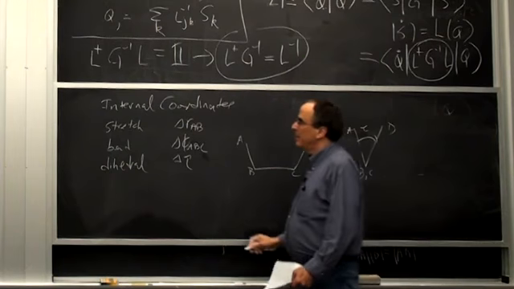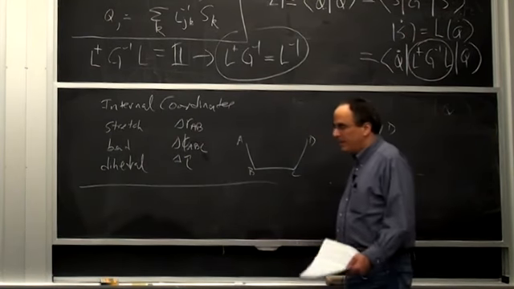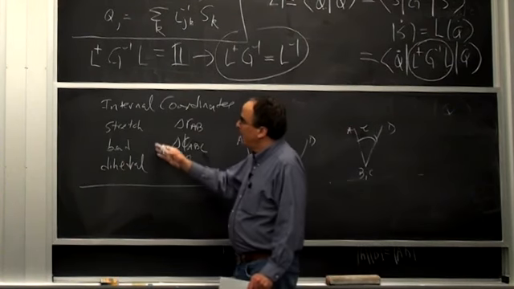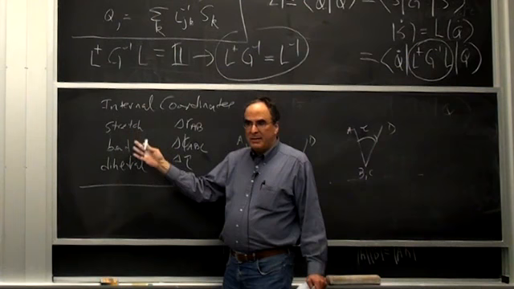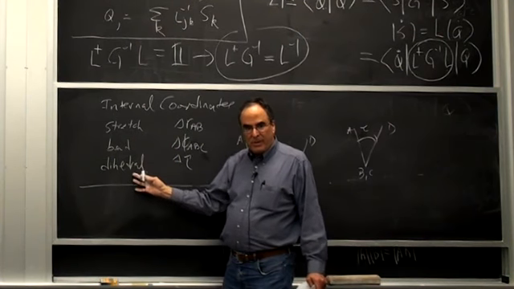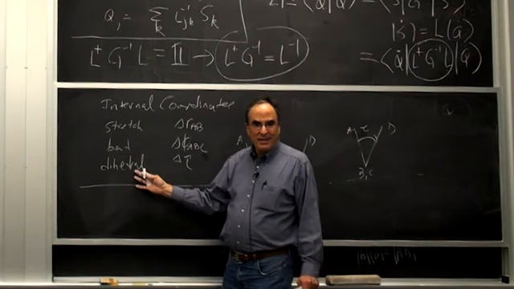Okay, now you draw a picture of a molecule, and you have to decide, well, how do I choose 3n minus 6 linearly independent internal coordinates? And the answer is, it's not easy. But the other answer is, well, so what?